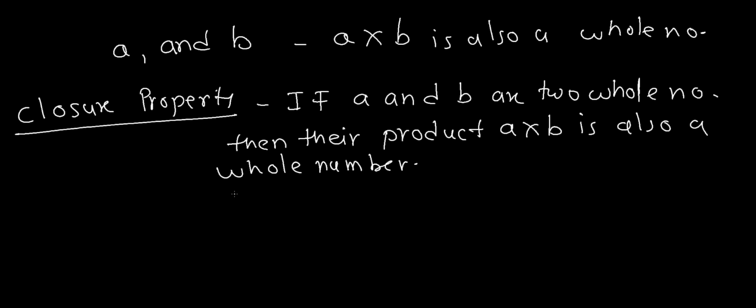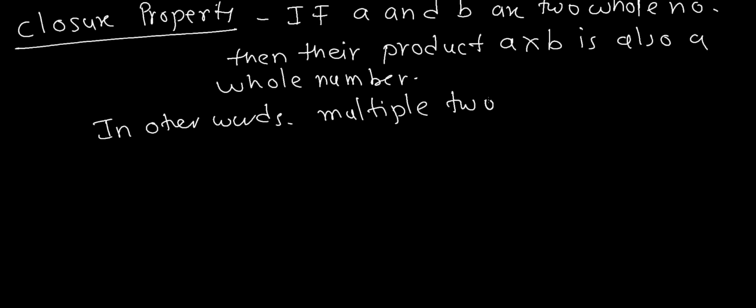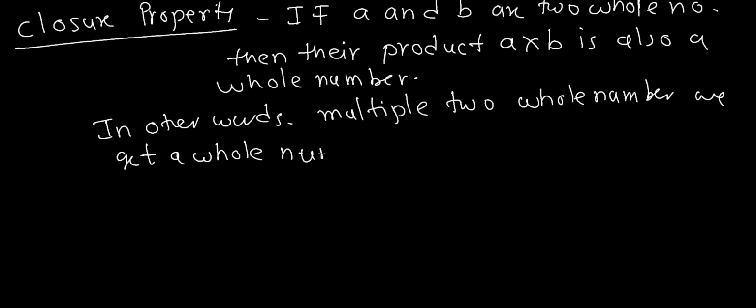We just wrote it down again for clarification. So we can say this in other words: if we multiply two whole numbers, we get a whole number. That is a closure property. So it's a closed loop. We start with whole numbers, we get the whole numbers.